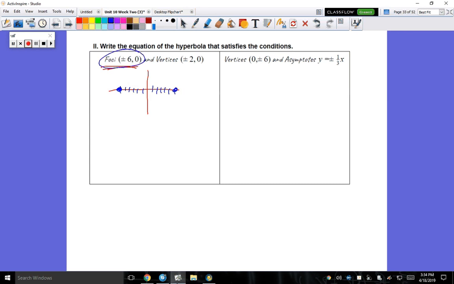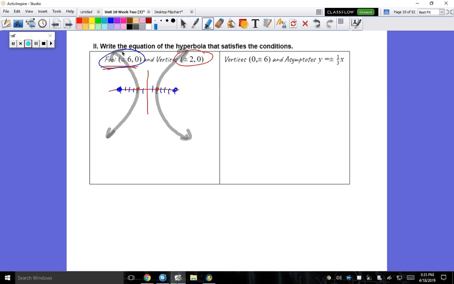Those are the foci. Okay? So already we know they're going to look something like this. Okay? The vertices are going to be, let's do this in red, plus or minus 2, 0. So now we know for sure that the graph is going to look like this and like this.